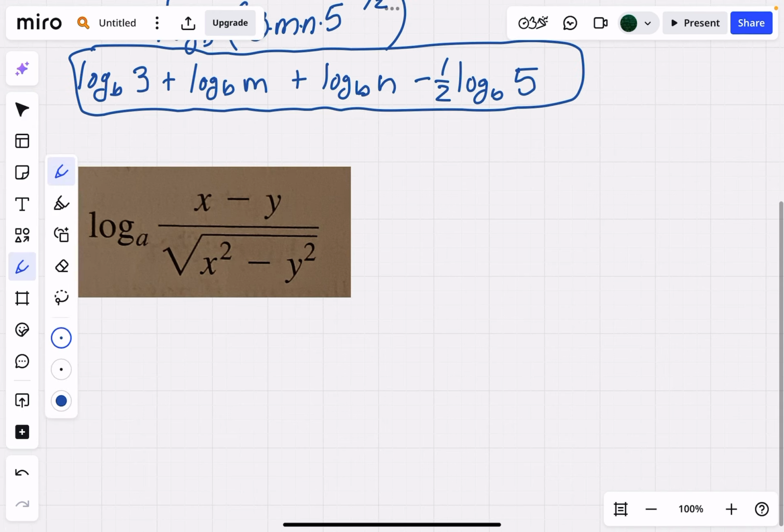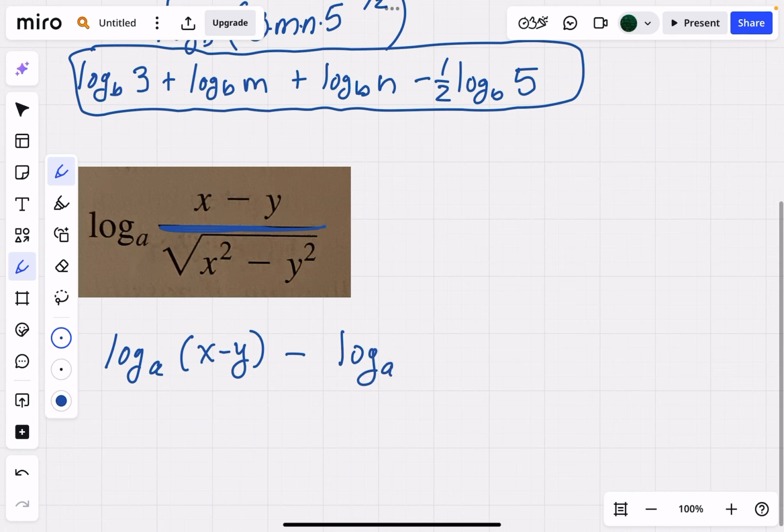So the first thing that I'm going to do is address this division right here, and I'm going to make it subtraction, right, according to our properties. So we will start with log base a. We will have, here's our numerator, but we are taking away the denominator.